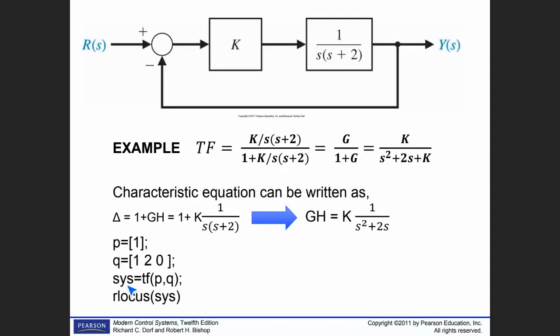Then if you write system equal to transfer function PQ, you already store the transfer function as well. And then if you write root locus system, the curve is going to be drawn.